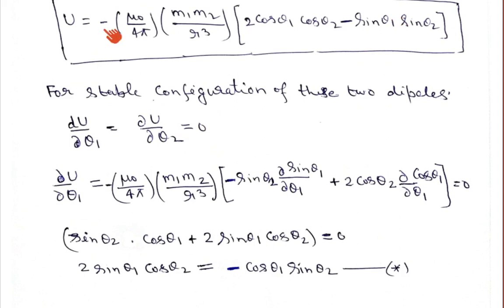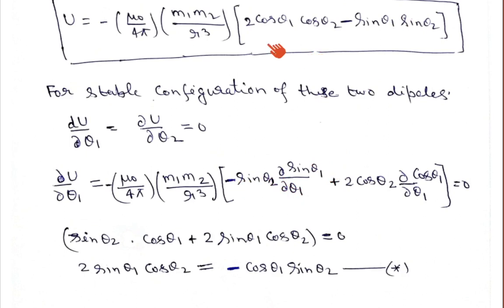First I have differentiated with respect to theta 1. Okay. So del U upon del theta 1 is minus mu 0 upon 4 pi m1 m2 upon r cube, and if you differentiate this quantity, first the 2 cos theta 1 cos theta 2 term, and then the minus sin theta 1 sin theta 2 term, with sin theta 2 left, minus sin theta 2 into d sin theta 1 upon d theta 1.